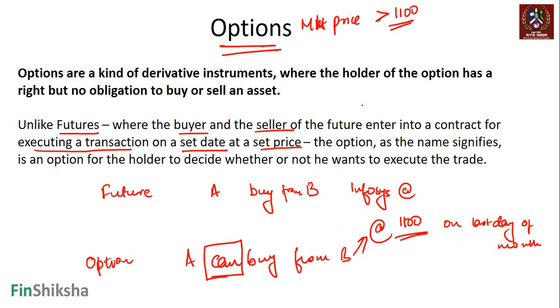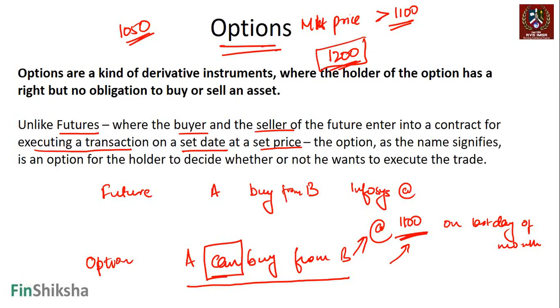If market price is less than 1100, let's say 1050, then why will A buy from B at 1100? A can buy from the market at 1050, right? So only if the price is something like 1200 will A buy from B at 1100 and thereby make a profit of 100 rupees, right?